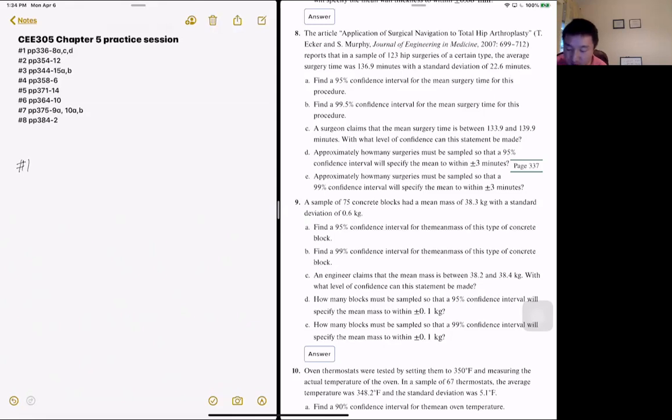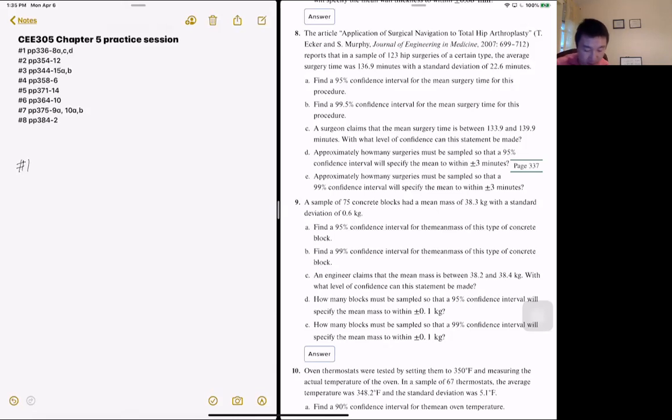Based on the question, we know this is from chapter 5 because this is confidence interval. Which equation we're going to use in chapter 5 depends on the details. For this question, it is the mean value, the mean surgery time for a procedure.